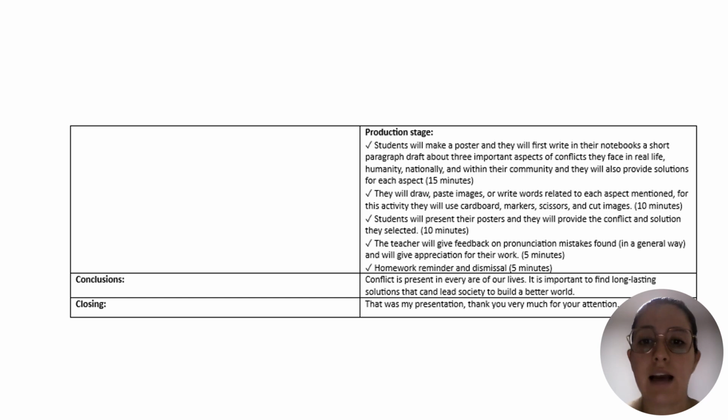For this activity, they will use a cardboard, markers, scissors, and cut images. Then the students will present their posters, and they will provide the conflict and solution they selected. So they will also propose ideas in this part, related of course to the main topic, which is the conflict.